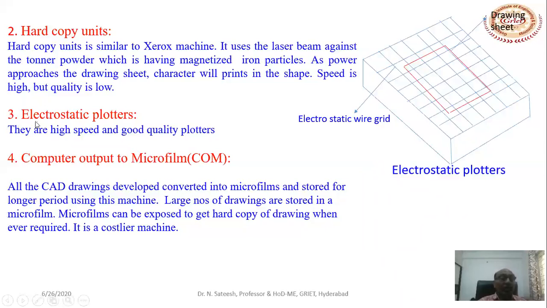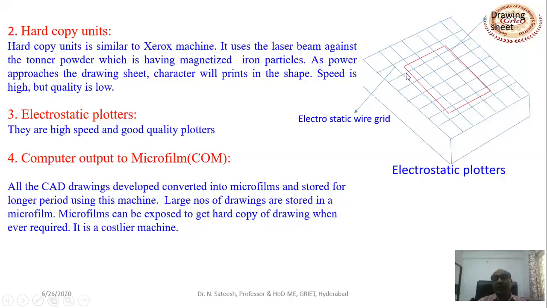Coming to the third one, electrostatic plotters. These are high speed and good quality plotters. It is a flat type. Electrostatic wires are mounted in a mesh, horizontally and vertically. Power is given to these wires, and they get energized.